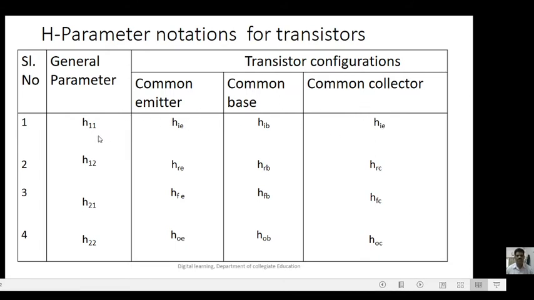Here H11 can be written as HIE and HIB. Here I represents input and E represents emitter, B represents base.